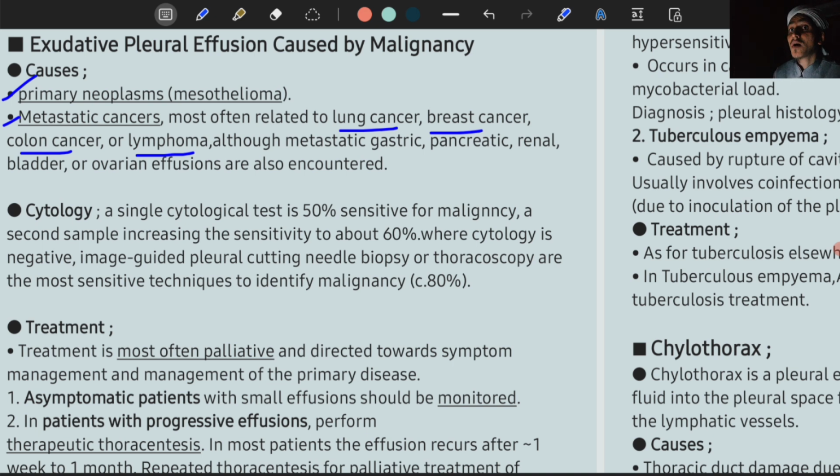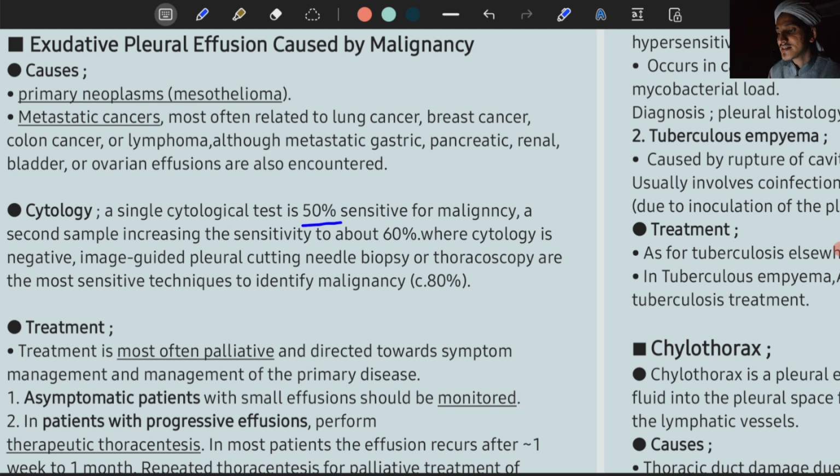Other causes include abdominal structure cancers like gastric cancer, pancreatic cancer, renal cancer, ovarian cancer with effusions, also known as Meigs syndrome. Okay, so cytology is the thing which you do to confirm whether there is malignancy, but cytology is only 50% sensitive.